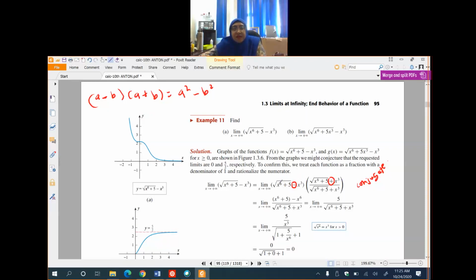You multiply with this one. So obviously you will get x to the power of 6 plus 5. The radical sign won't be there any more. Okay, minus b squared, so x cubed to the power of 2 will give you x to the power of 6.